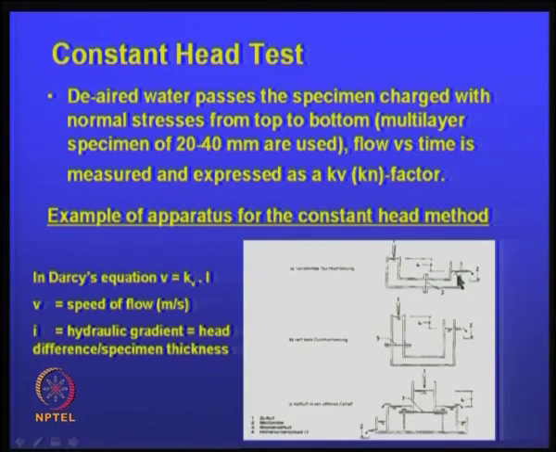This is what is called horizontal permeability, where the geotextile is placed. This is another one that you can keep like this, where vertical permeability can be measured. This is another type where you can measure the permeabilities at different gradients. Essentially, this is a simple setup that people have developed to understand the geotextile permeability.